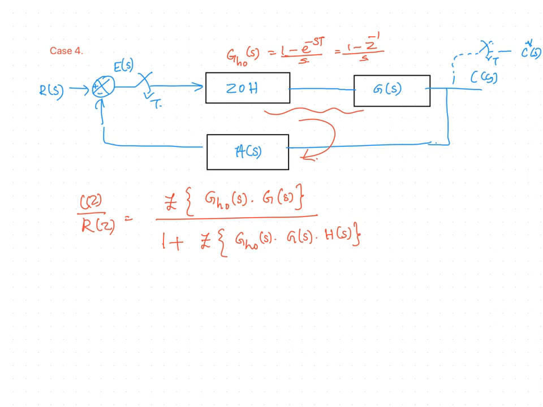So, we need not find the Z transform again. That 1 minus z raised to minus 1 part can be taken out, and the rest alone can be calculated. One can refer to the tutorial sheet for the actual numerical problem.